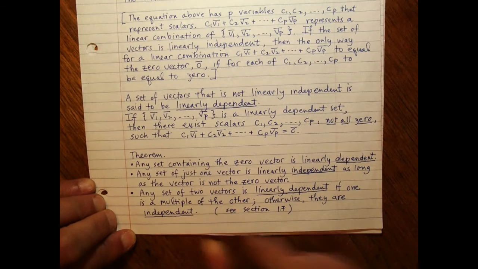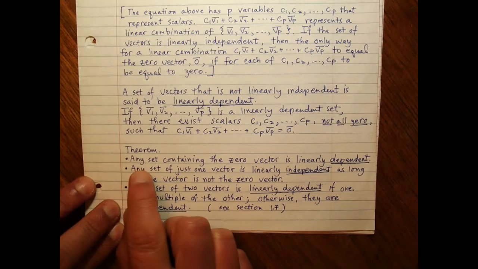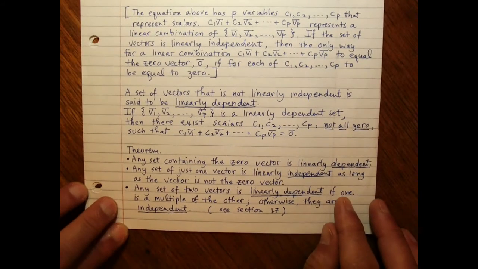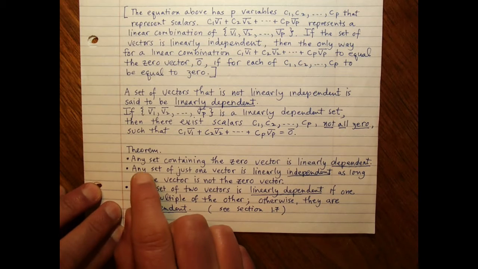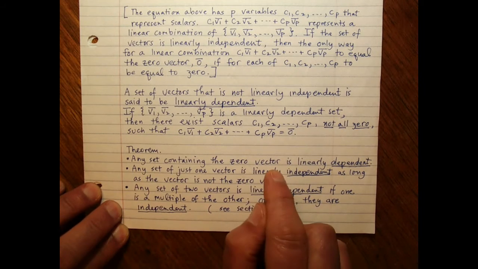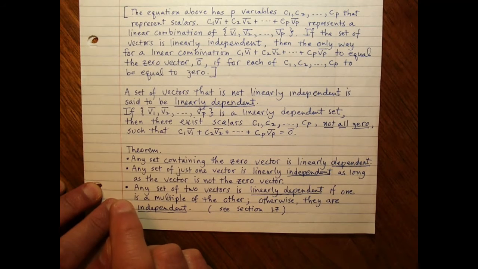Theorem, just for the record, I'm kind of repeating things here that I think we know about Rn. These same ideas will be true about an abstract vector space. So any set containing the 0 vector is a linearly dependent set.